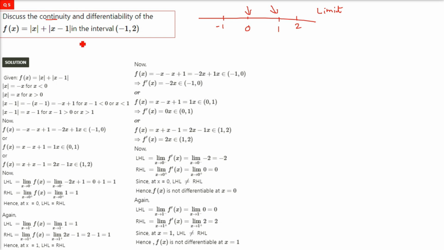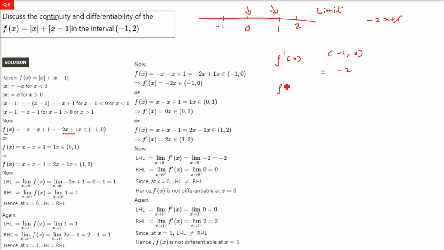What about the differentiability? When we go to differentiability, f(x) we know already, minus 2x plus 1. So what will be f dash x? That is the differentiation. In the interval minus 1 to 0, when you differentiate, 1 will be 0 and x will be 1, so it will be minus 2.